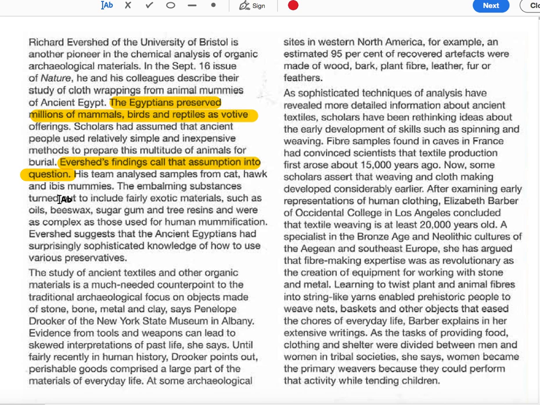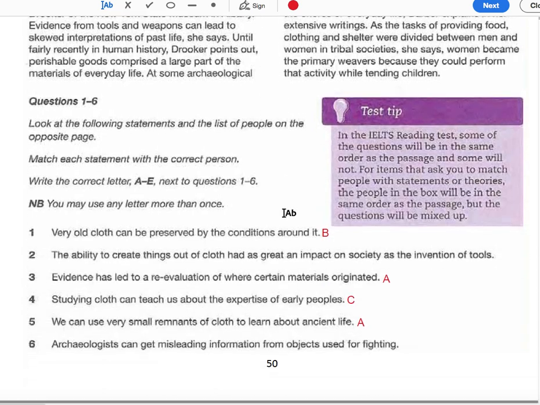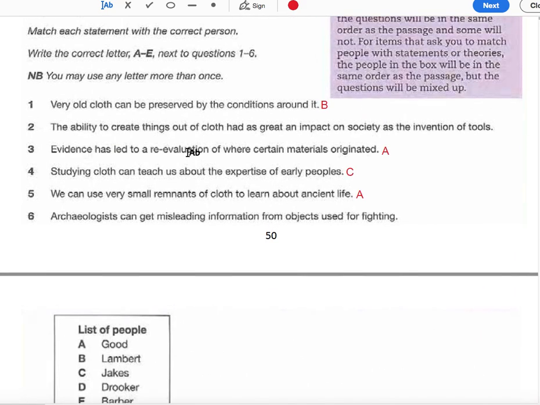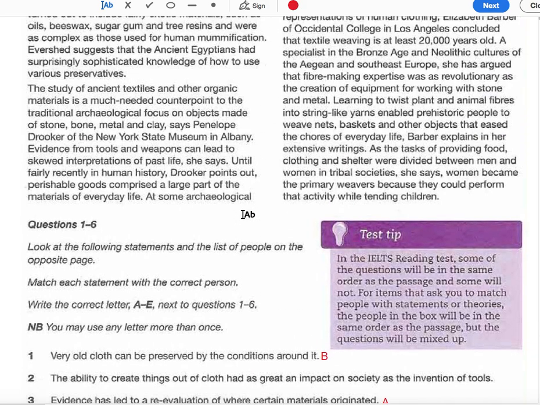So the answer is no. Okay. For 12. Is that 12? Yep. So we have one more here. And we have a few more over here. Archaeologist misleading. Let's see.